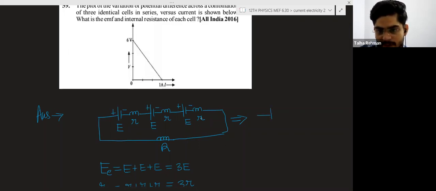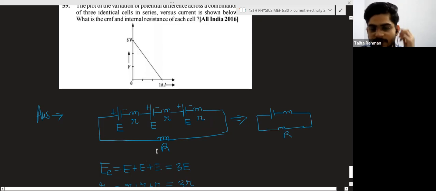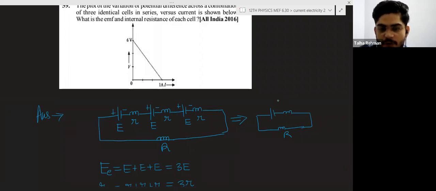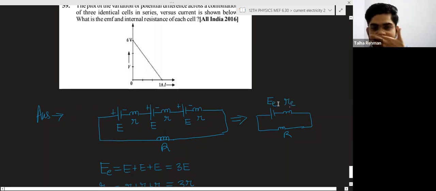Here our resistance is connected in series. They have not talked about this resistance, so you can connect it or not, it depends upon you. This is the equivalent circuit. So instead of all these cells, you will write E equivalent and R equivalent.